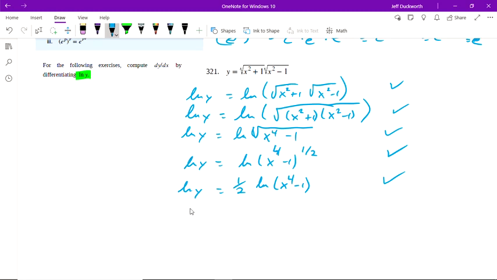So the derivative of natural log of something is 1 over that something times dy dx, essentially. So this is going to be 1 over y times y prime, which is my preference, but the question is looking for dy dx, so I'll do that. All right, so this is equal to 1/2 times, we've got 1 over this whole thing, so 1 over x to the 4 minus 1.